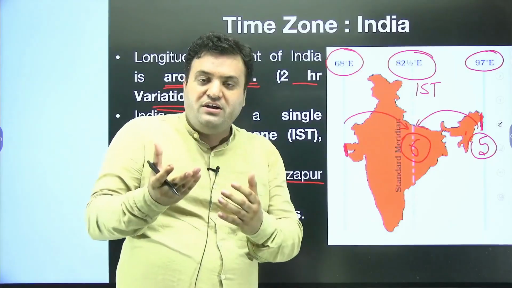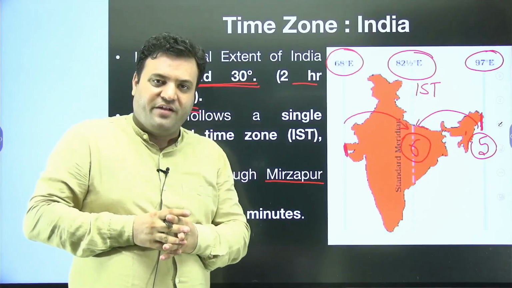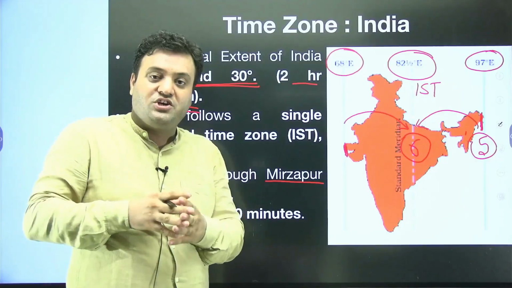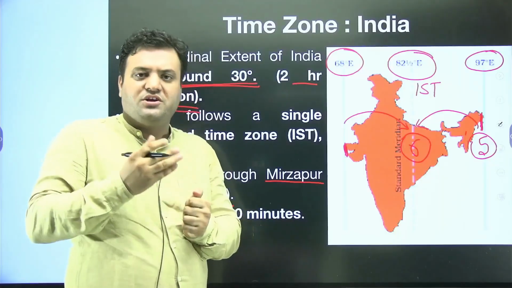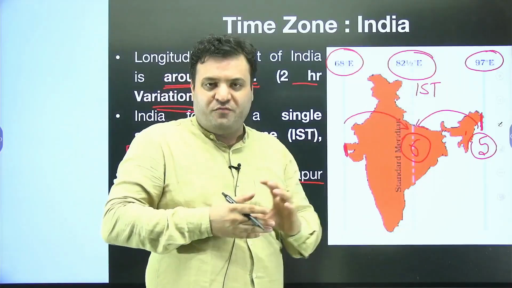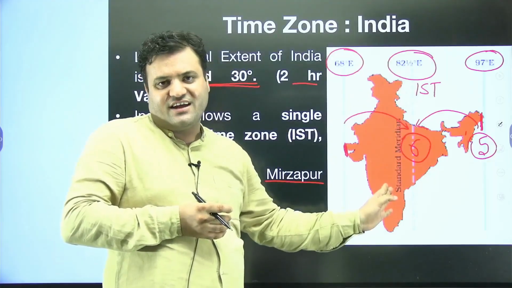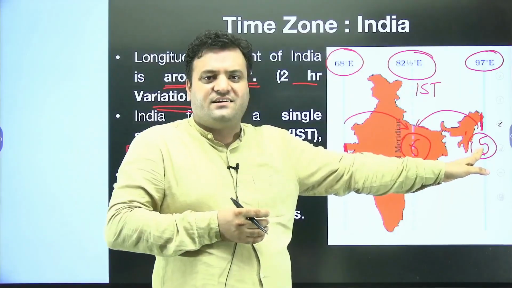Now during the winter, I hope you remember the duration of days and the duration of night. During the winter, the duration of night will be greater, and as a result, at the closure of office, as per the Indian Standard Time, the office closure time is 5 o'clock, but there is already sunset in these regions.